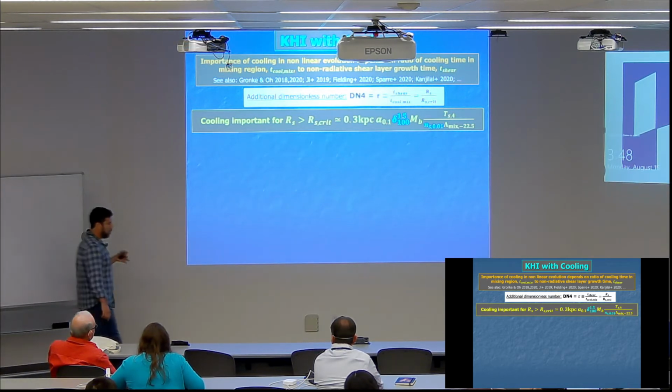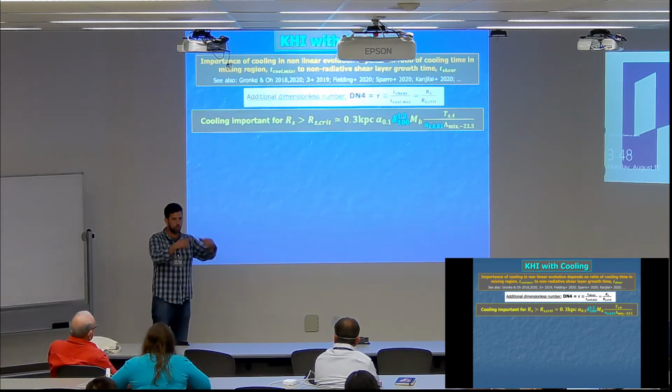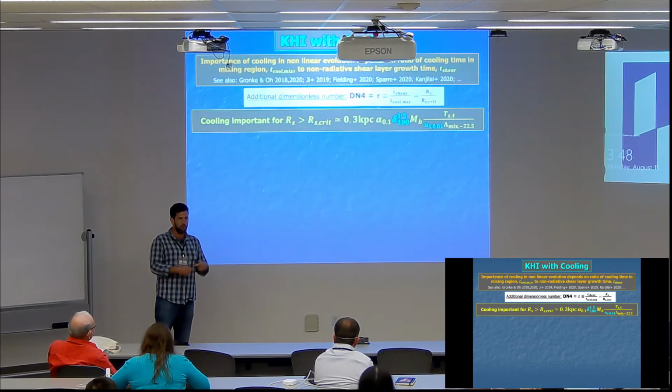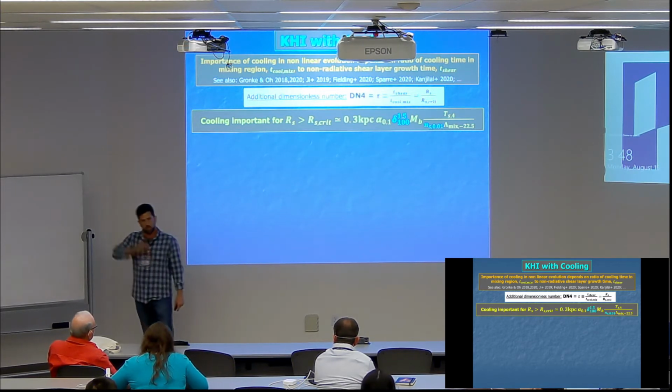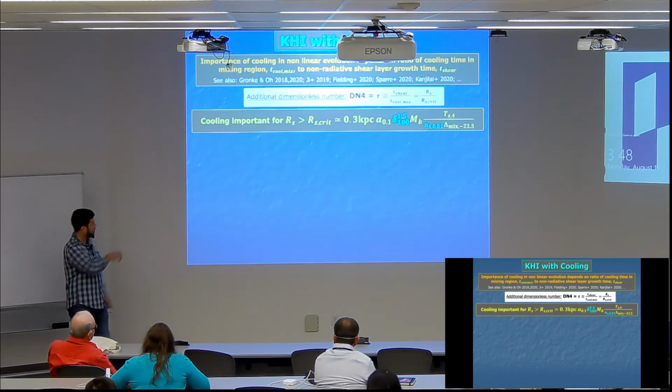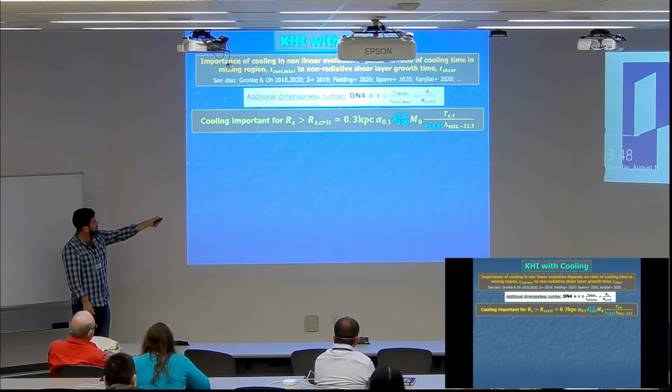But the cooling time where? The cooling time specifically in the turbulent mixing layer that forms at the boundary between the stream and the background. You have to talk about the cooling time, what I call here T-cool mix. So your fourth dimensionless parameter is T shear divided by T-cool mix.